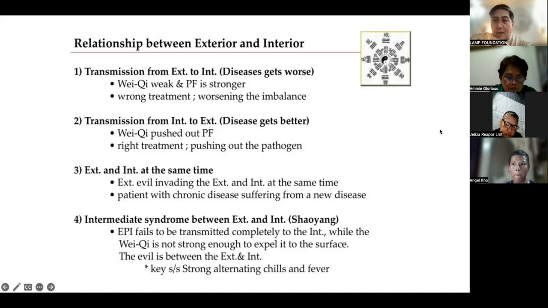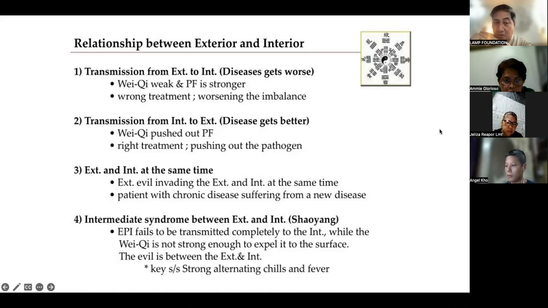Andun pa rin yung pathogenic factor. Kasi meron ka pang Shaoyang, intermediate pa. Kasi yung Wei Qi is not strong enough. So that means you may have to treat longer. So the enemy is between the exterior and interior.